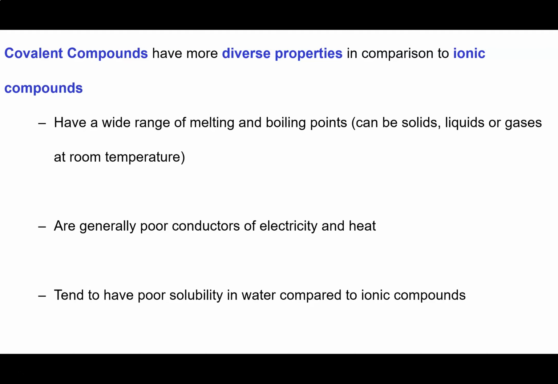So kind of all over the place. If these compounds are solids, they tend to have melting points that are lower than is typical for ionic compounds. So low melting point solids and liquids or gases are typical physical states for covalent compounds at room temperature.